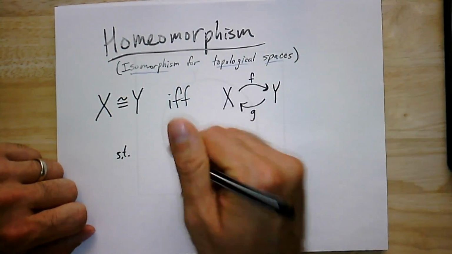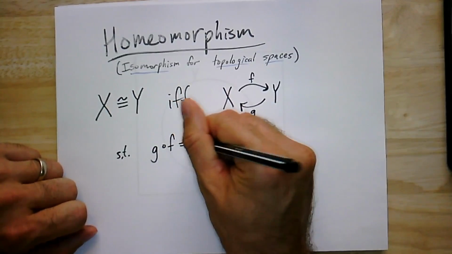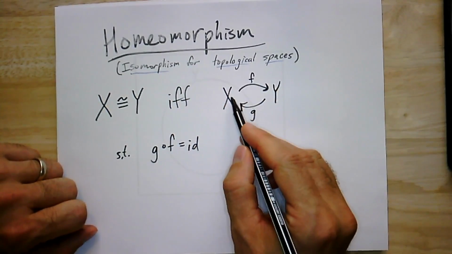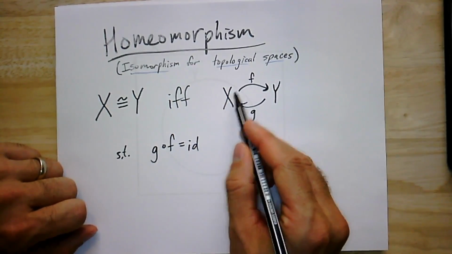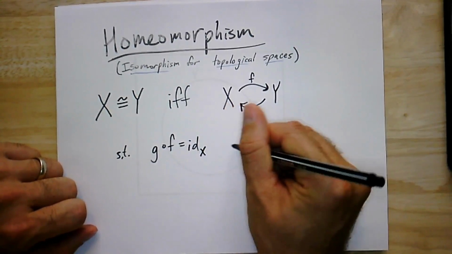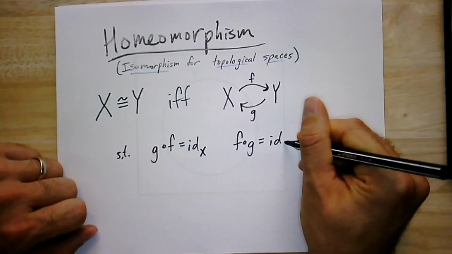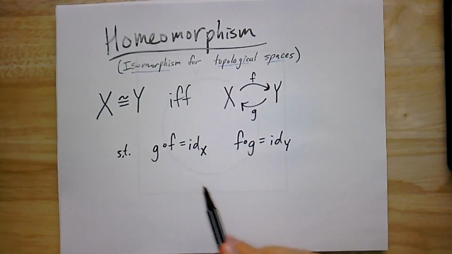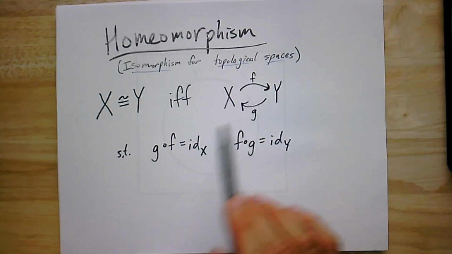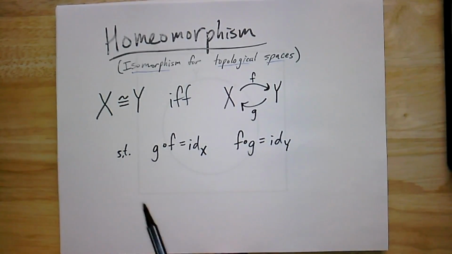And their compositions are identities. So if I go round trip from x through f and g, g composed with f should give me the identity on x, and f composed with g should be the identity on y. These two functions, f and g, are the homeomorphisms, and x and y are said to be homeomorphic.